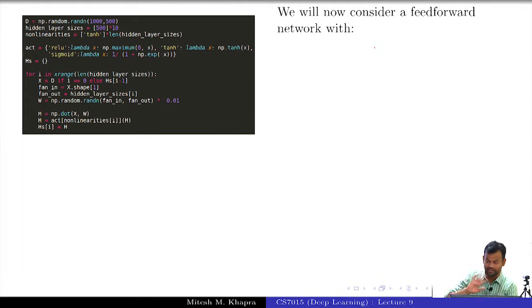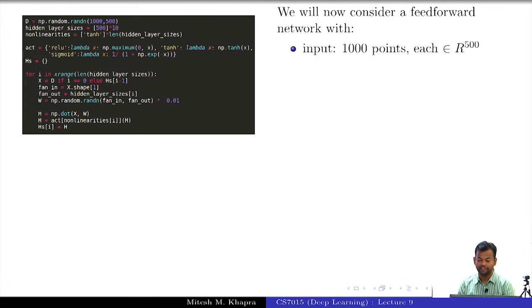So at least in practice, you are not supposed to initialize the weights to zeros and equal values. That's what we have learned so far. Now, to convince you about some other weight initialization methods, I'm going to take a feed-forward network where you have as input some 1000 points. Each of these points is 500 dimensional, okay?